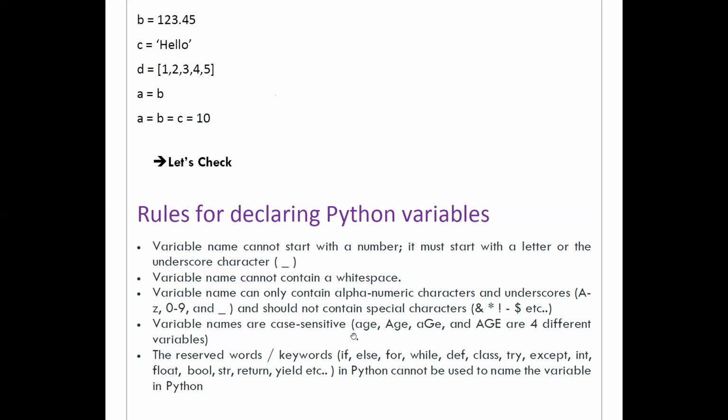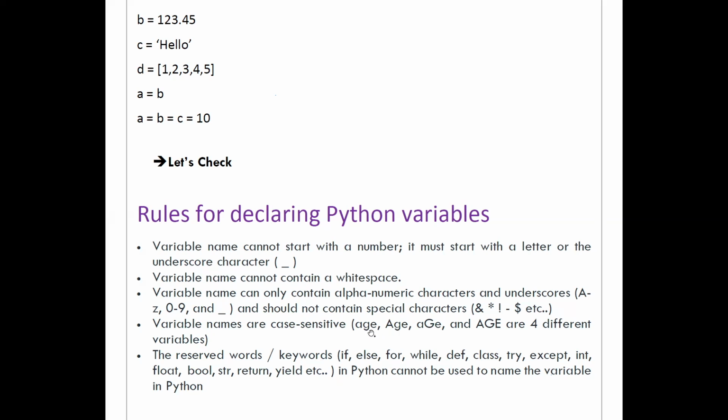What do you mean by case sensitive? When I say age, all are lowercase letters. Here, when I say Age, A is the first letter, a capital letter. So the age variable and this Age variable with the A capital are two different variables for Python.